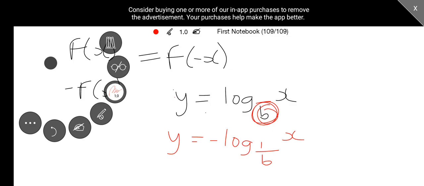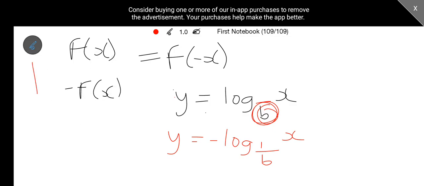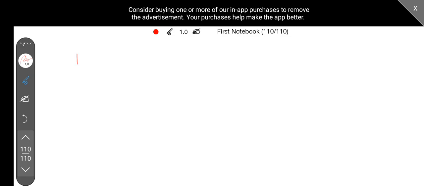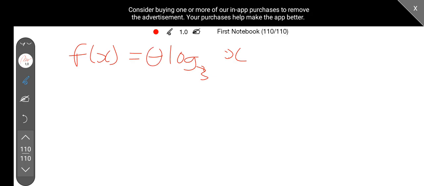So let me give you an example. Suppose you are given the function f of x is equal to negative logarithm base 3 of x. Here we've got a negative and we are trying to change the negative to become positive, so we will reflect in the x-axis.